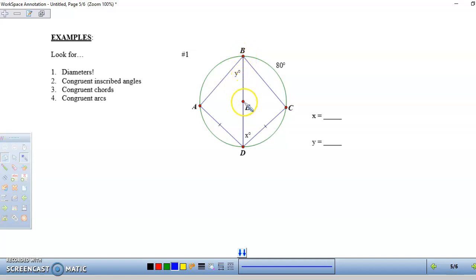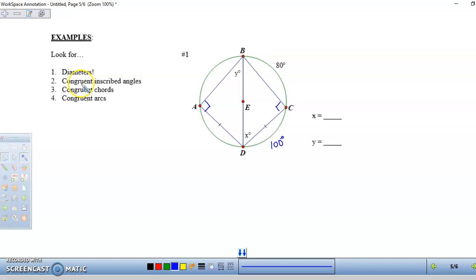So we have a diameter, BD. So right away, I'm going to say, well, if this is 80, I know this is 100, because this should be 180 degrees total. So always look for that kind of thing. The other things that you would know immediately from this diameter is that this is a right angle, and this is also a right angle. So those are things I would mark right away and look for those diameters.